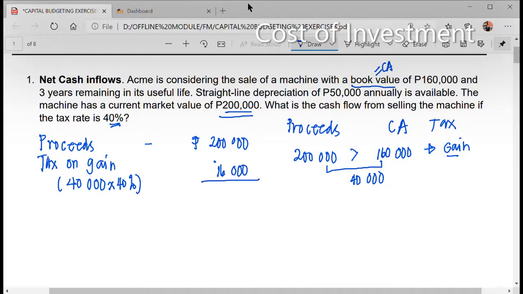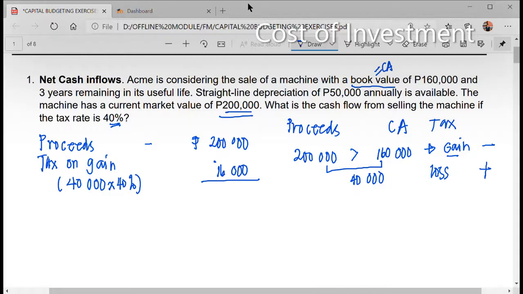And what is the effect if that is a gain? The tax is deducted from the proceeds. If it's a loss, you're going to add the tax.